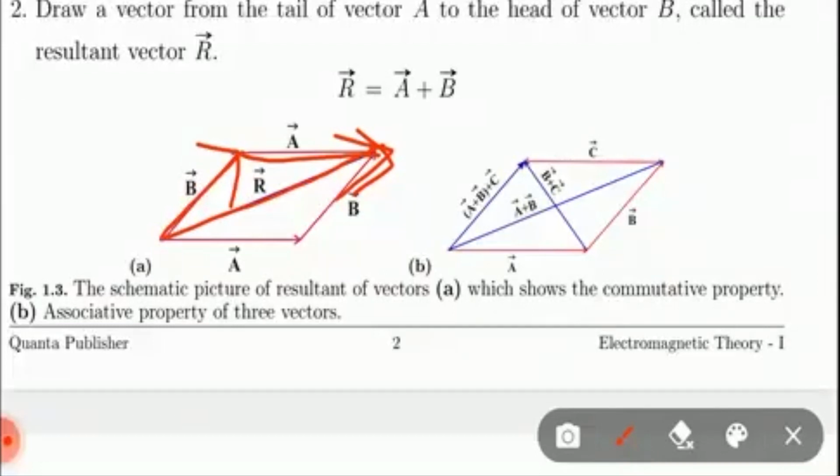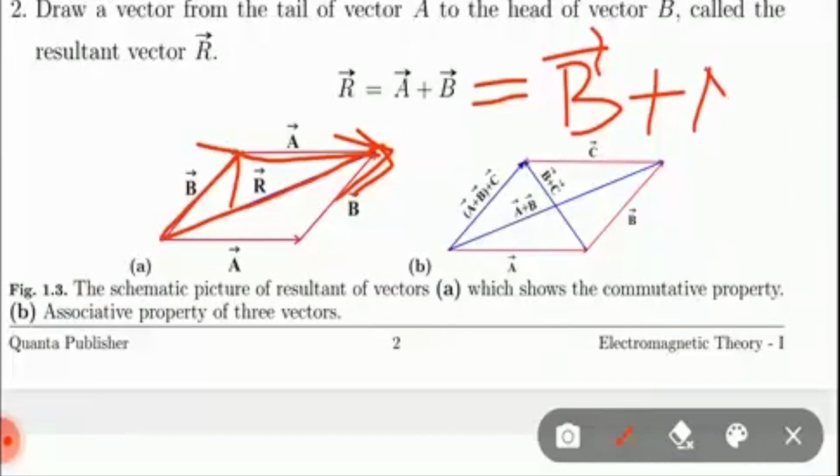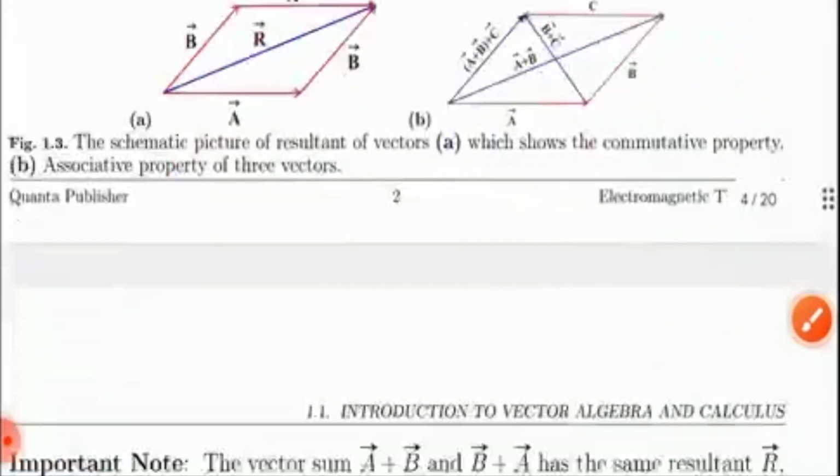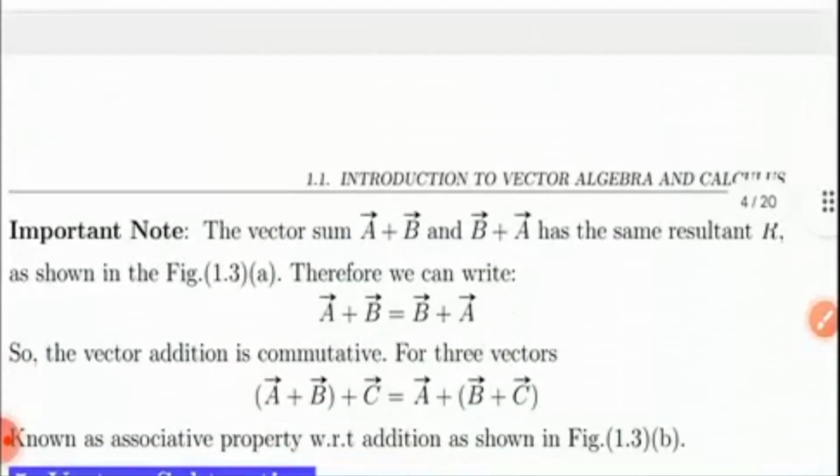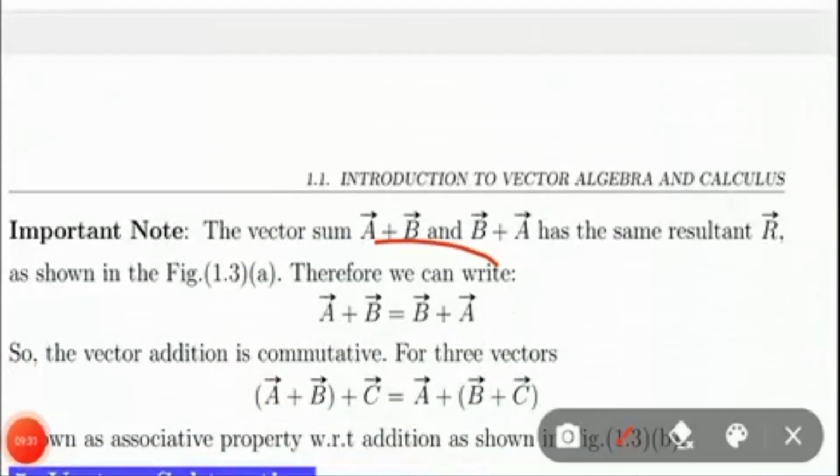So we can say that the vector addition is commutative. We can say that A plus B is equal to vector B plus A. Here you will see that the important point is vector A plus B is equal to B plus A. This property is known as the commutative property.